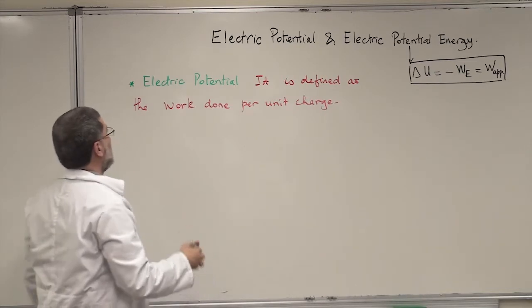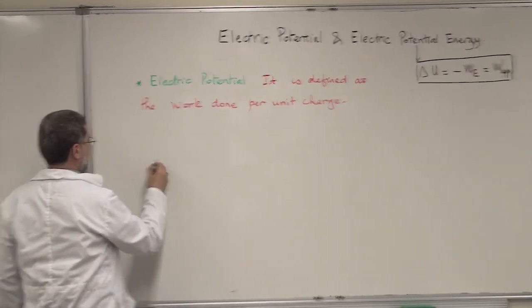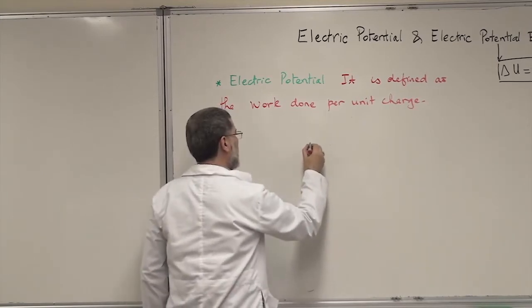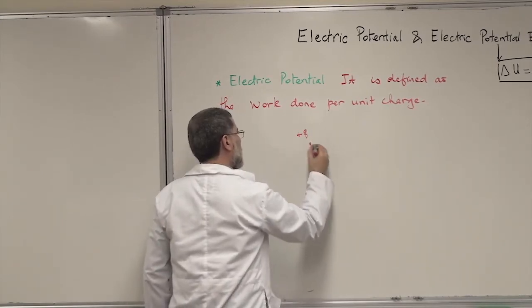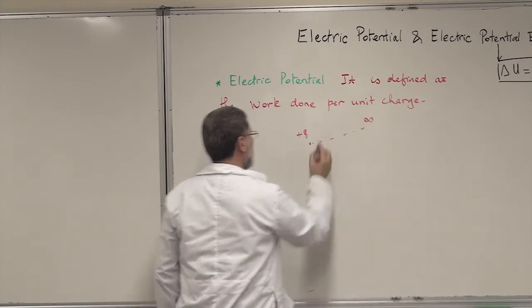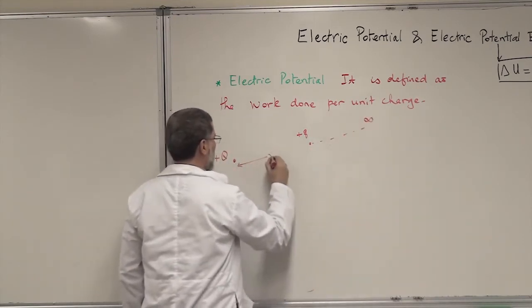Imagine you have this plus Q here, and you are bringing a charge from infinity to this point, and the distance between them is r.